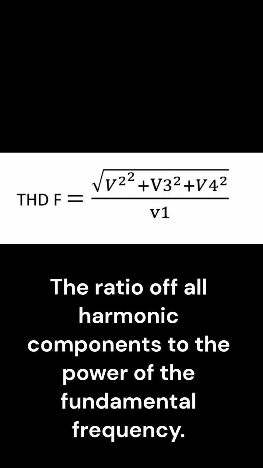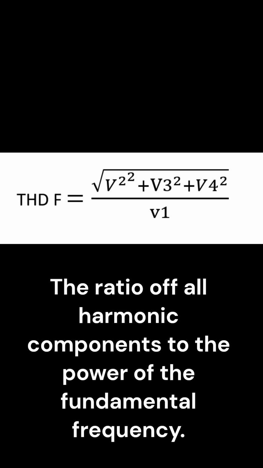Very simply, what this is saying is that total harmonic distortion is equal to, let's look at the denominator first, that V1. That V1 is the fundamental frequency, which is always going to be the first harmonic. We take that first harmonic, and then above it, we put in harmonic number 2 plus harmonic number 3 plus harmonic number 4.